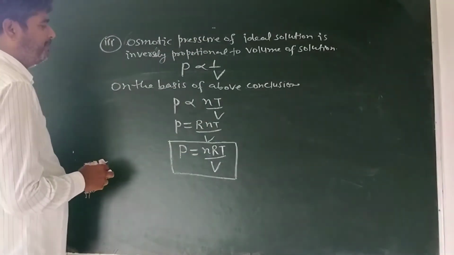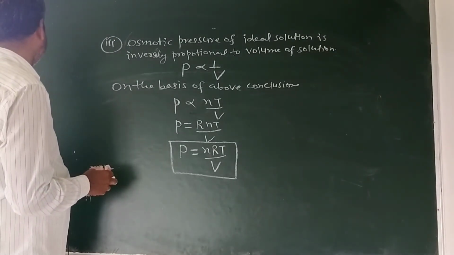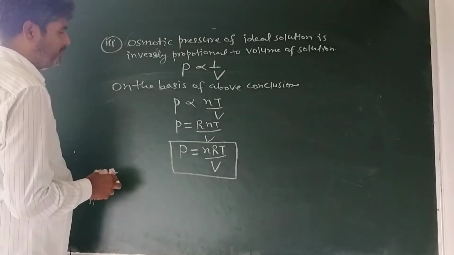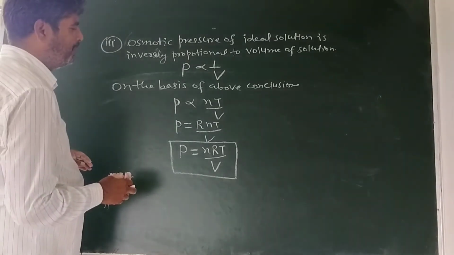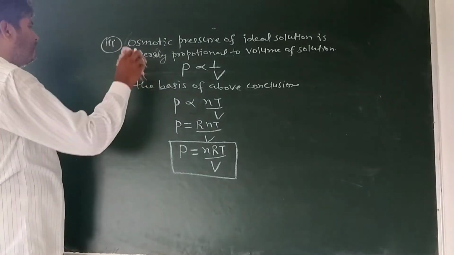The value of R is the same either for the gaseous state or for the solution: 0.0821 liter atmosphere per degree per mole.